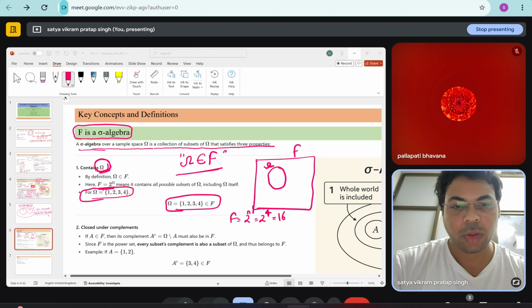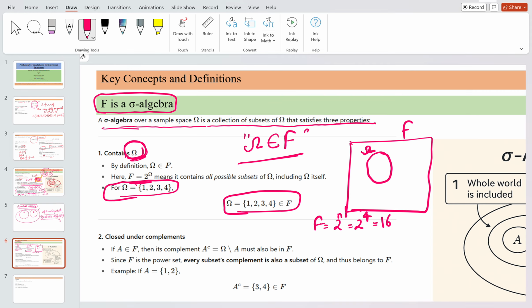Let's move forward. If you see the second criteria, if there is a set omega inside the sample space F, then omega must belong to F, and also the subsets inside this omega will belong to F. If you see the function F, it should be like that.